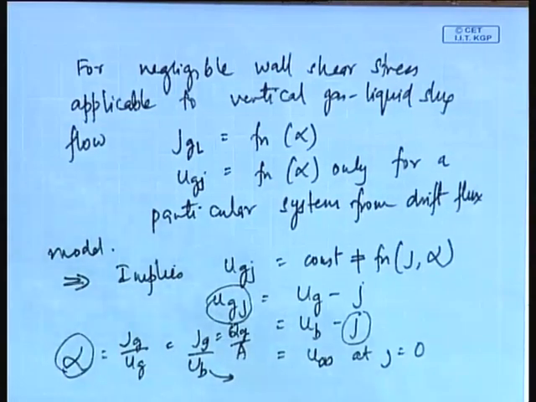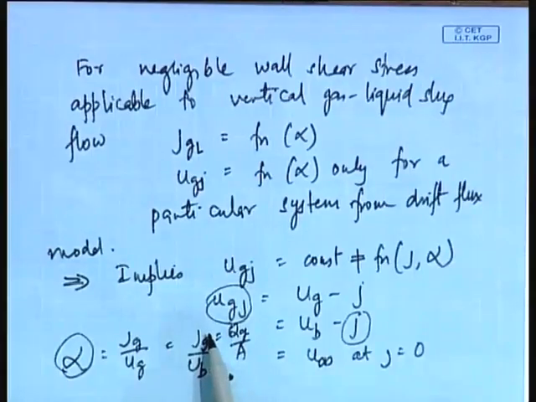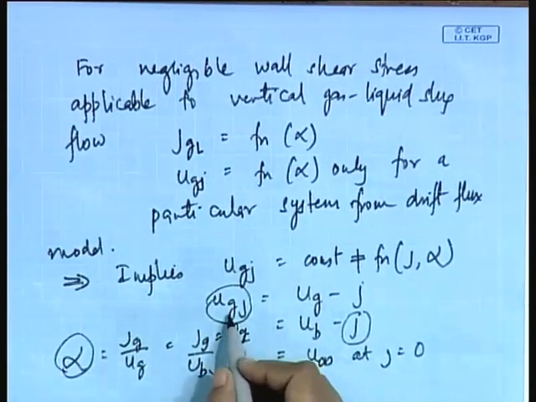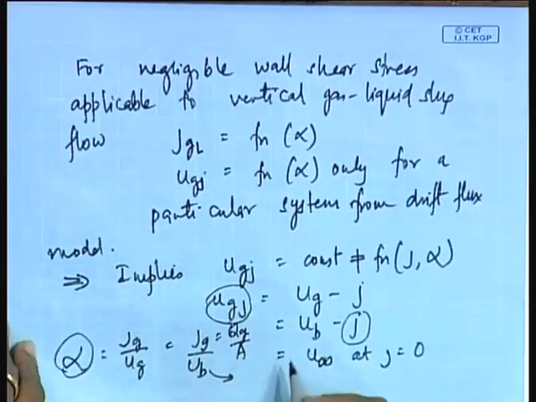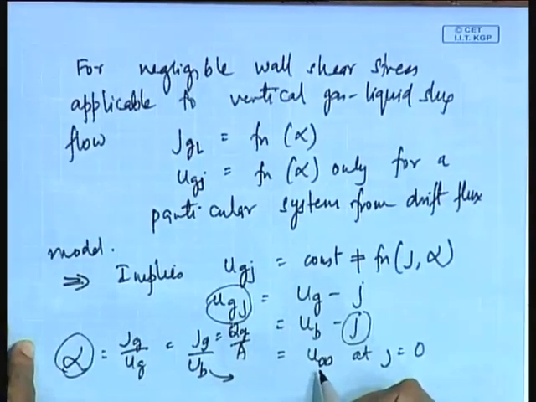So, if we can measure the rise velocity of a single Taylor bubble in stationary liquid for that particular conduit geometry, orientation and dimensions, then that will give me the corresponding UGJ under that conduit characteristics and that particular fluid physical properties. Fine. So, the way of finding out U infinity is very simple in this particular case.